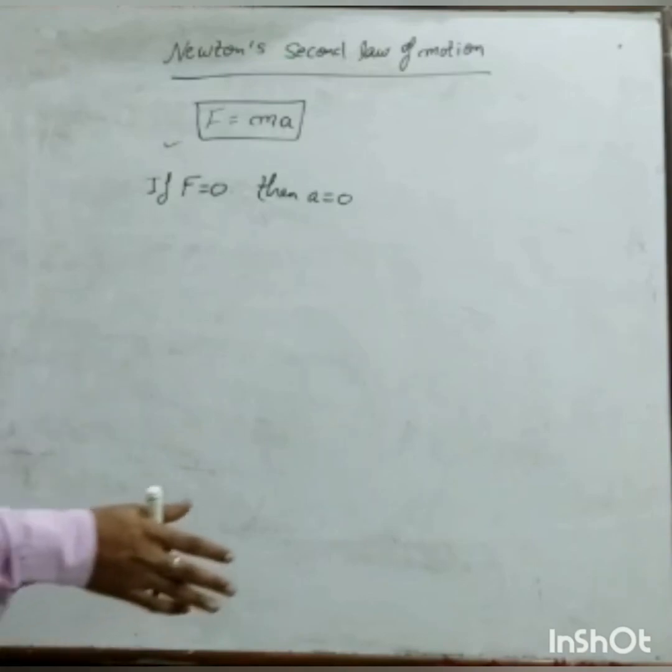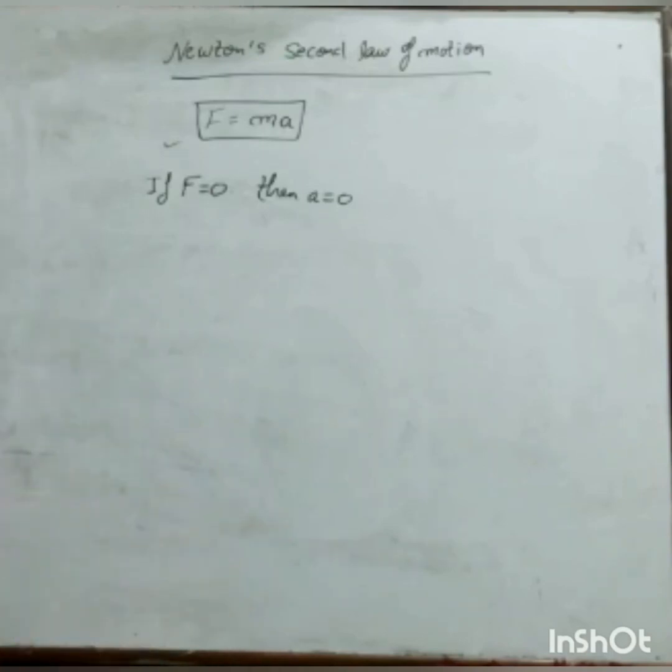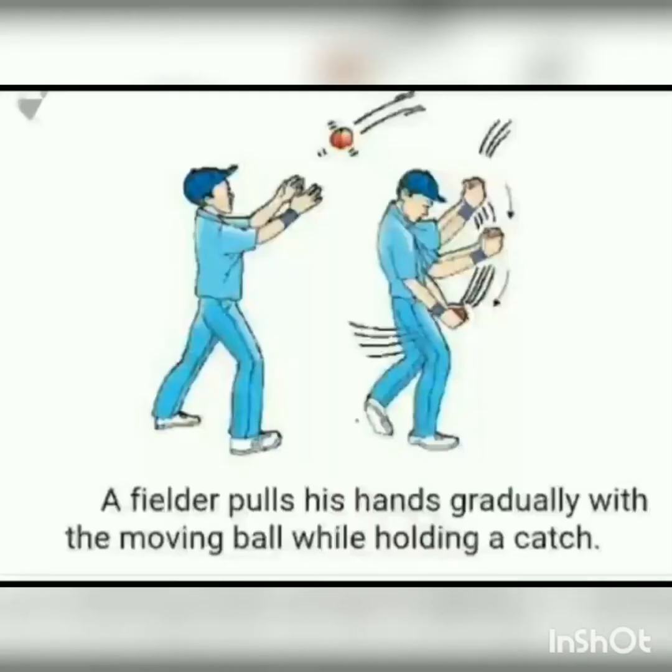Now, some examples of Newton's second law of motion. While catching a ball, the cricketer withdraws his hand along with the ball. Why? Because if the cricketer does not pull back his hand and stops the ball as soon as it touches his hands, he gets very little time to stop the ball.